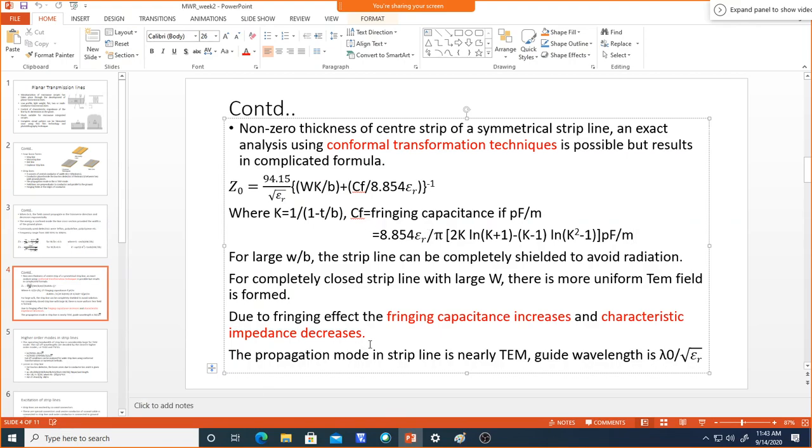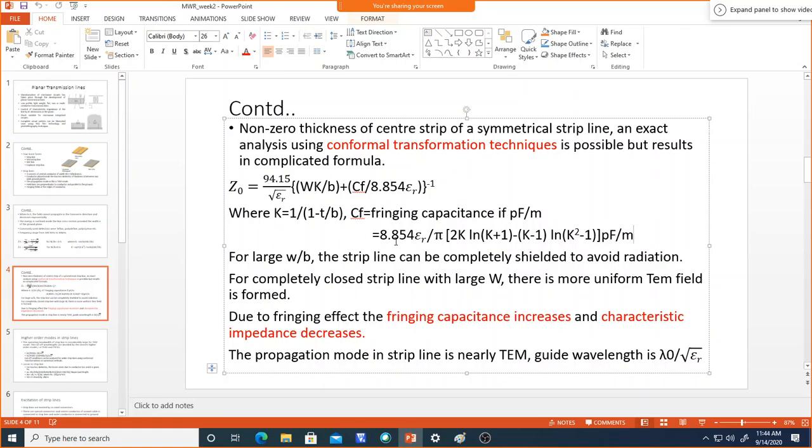Due to the fringing effect, the fringing capacitance increases and the characteristic impedance decreases. As I said, the fringing fields are there from the center to the edge of the conductor, so because of the fringing field effect, the fringing capacitance increases. Since K depends on the substrate height also, if you increase the substrate height, this ratio will affect K, which will again affect the fringing capacitance.